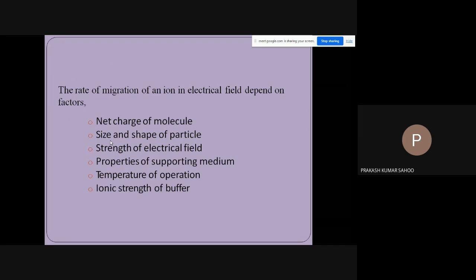One thing you should know: Arne Tiselius, the father of electrophoresis, was from Sweden. He was a Swedish chemist, and he was awarded the Nobel Prize in the year 1948 for this valuable contribution.